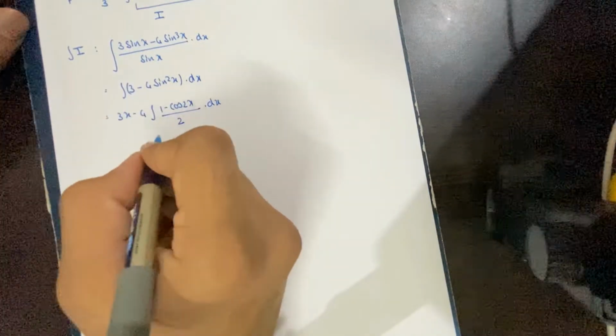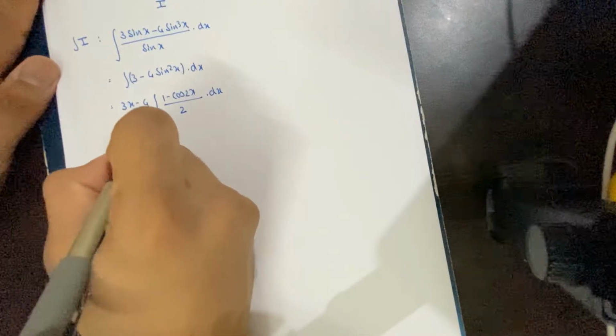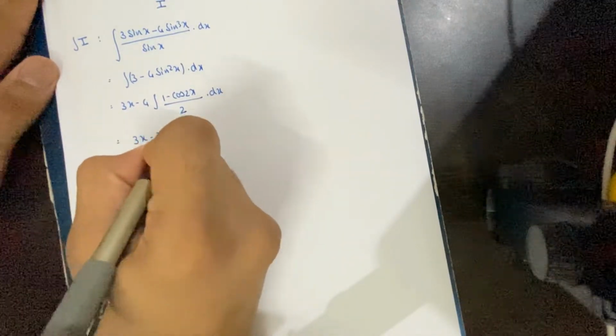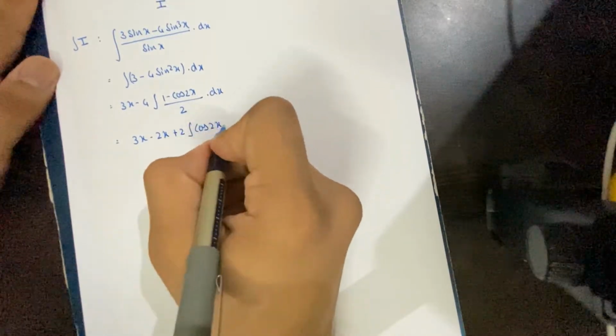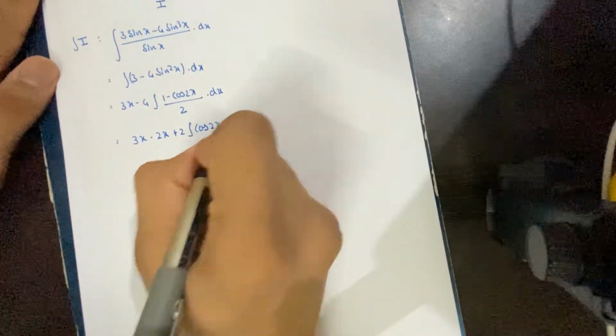That equals 3x minus 2x plus 2 times the integral of cos 2x dx.